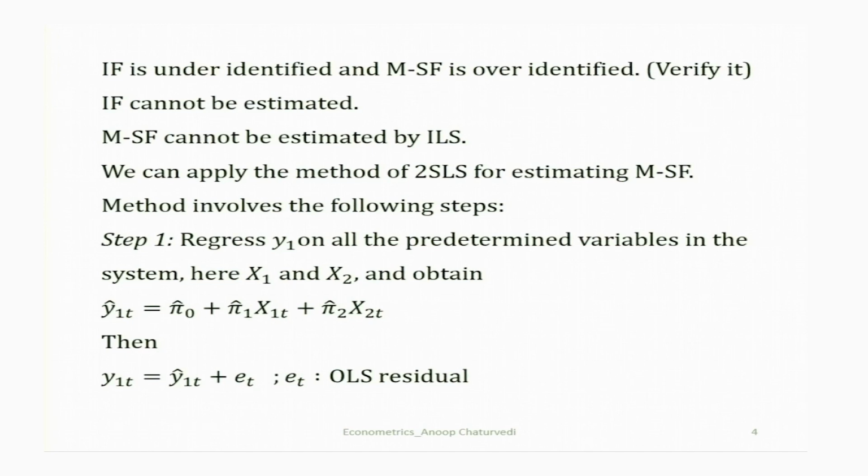You simply run OLS between y 1 and x 1, x 2, and then you obtain the predicted value of y 1. So, first you obtain the least square estimators for pi naught, pi 1 and pi 2, and then the predicted value of y 1 is y 1 t hat equal to pi naught hat plus pi 1 hat x 1 t plus pi 2 hat x 2 t.